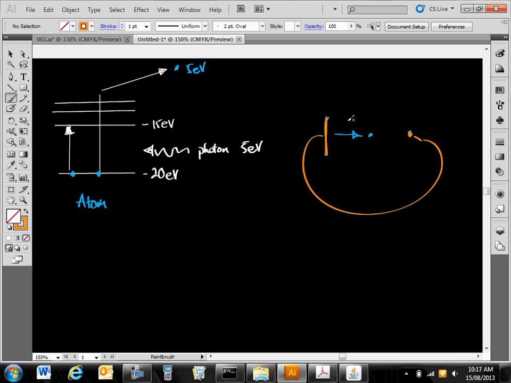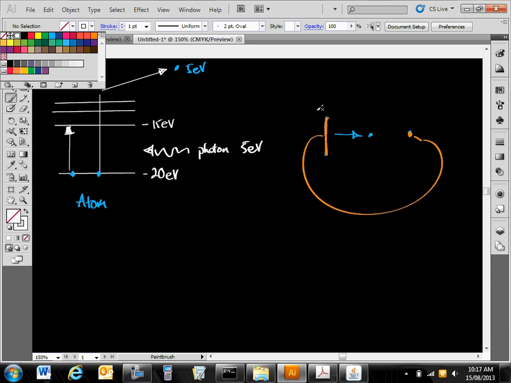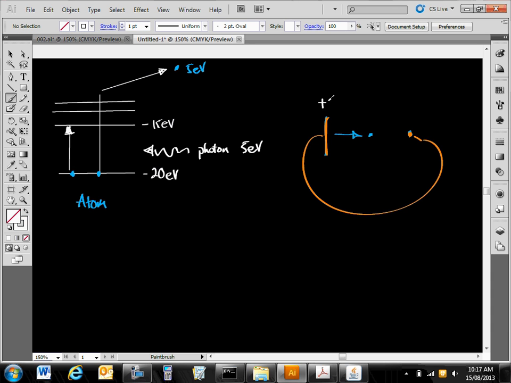If I want to measure how much energy that electron has, all I have to do is say, what if this is more positive and this is more negative? How much energy does that electron have to make it across there? It depends on this voltage, doesn't it? If it's 5 volts and the electron just doesn't make it, it turns around and comes back, then I know that it has 5 eV of energy. Okay?